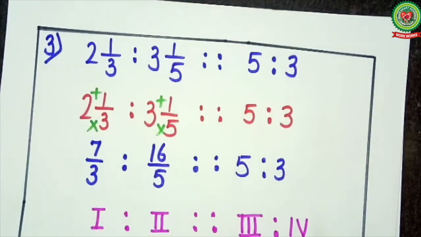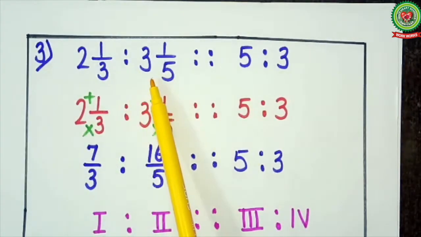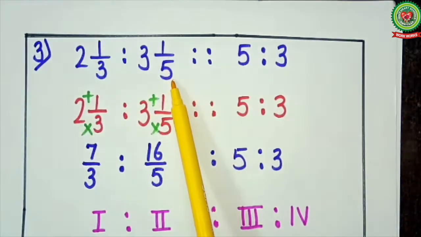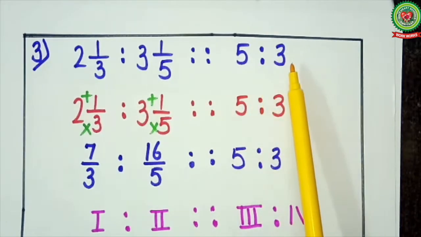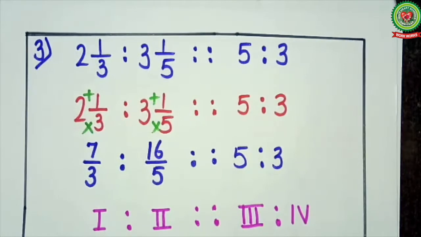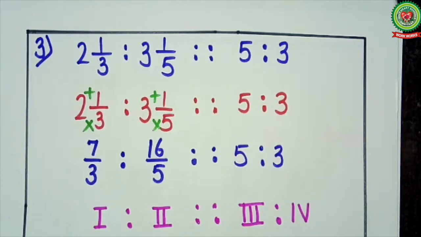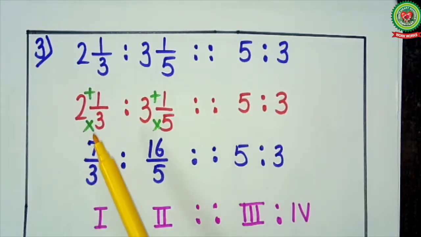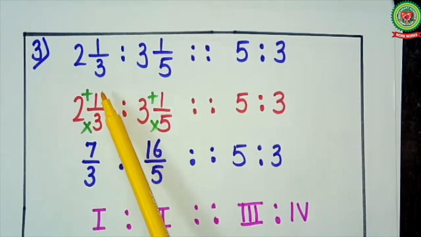Here, 2 whole number 1 upon 3 ratio 3 whole number 1 upon 5 as 5 ratio 3. Now we know that whenever a mixed fraction is given, we have to change it into an improper fraction. Here 3 2s are 6, 6 plus 1 is 7.